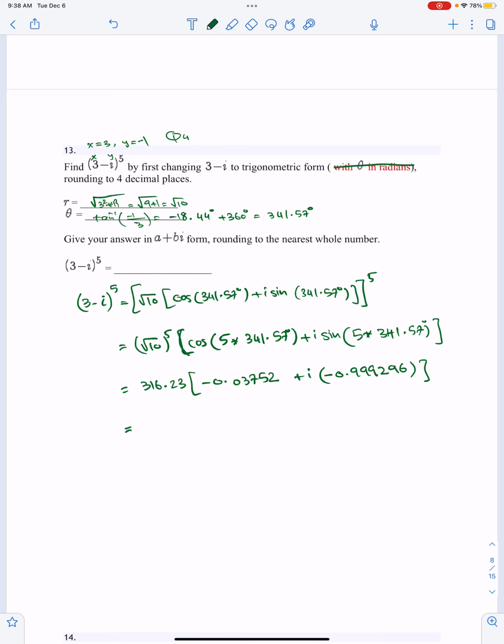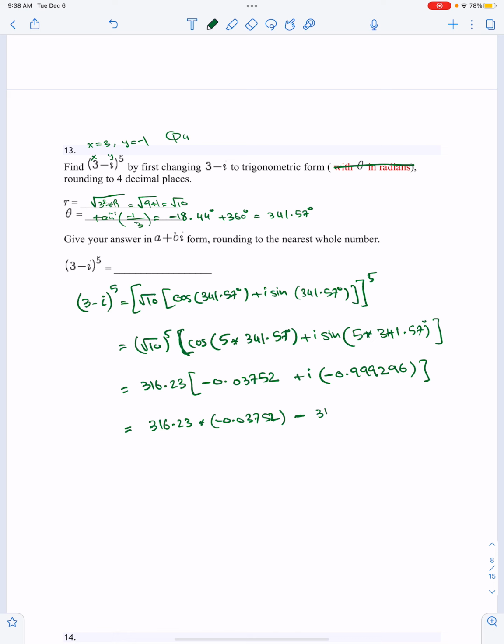So the real part is going to be 316.23 times negative 0.03751. Sorry. Let me actually multiply what I have first.